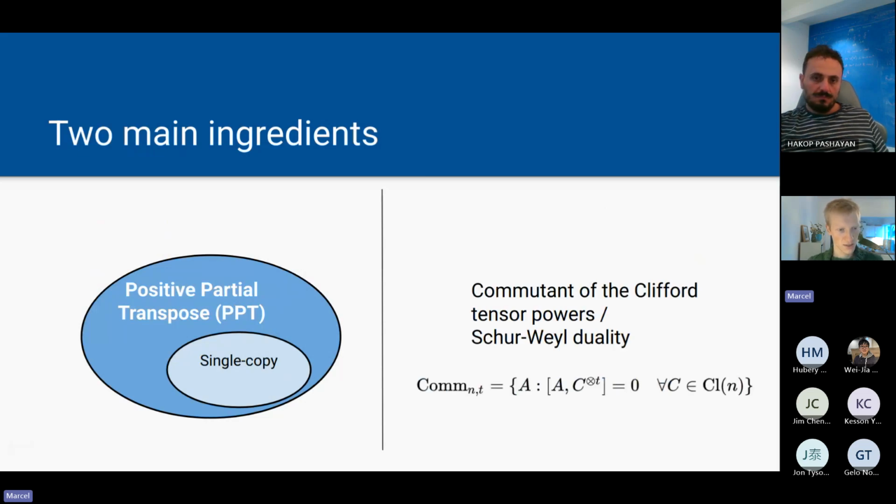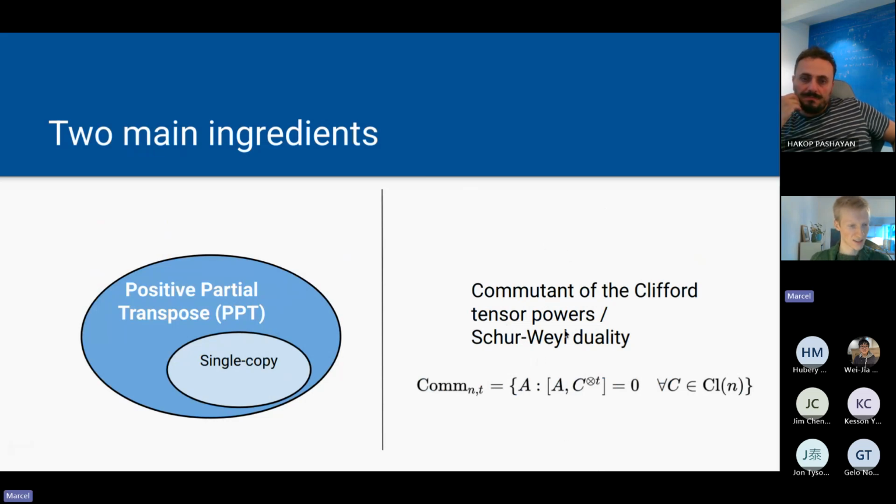And the second ingredient is just knowing your Clifford moments very well. This is also where I needed help, and then Jonas came in to help. He was already an expert on this before, and I spent a long time last year understanding this.